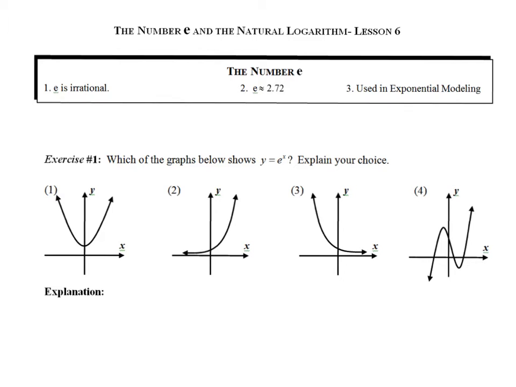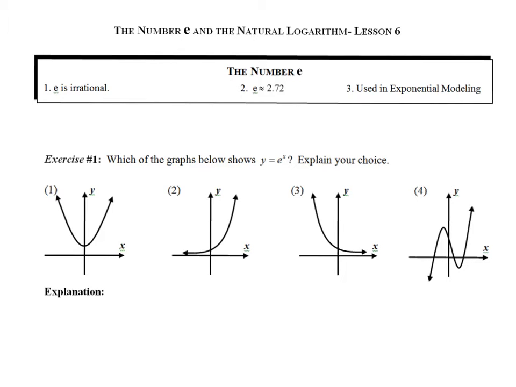Even though it looks like a pattern there, this actually doesn't repeat indefinitely. Hence the reason that e is irrational. We're going to see a lot of this base e when we are doing exponential modeling, that is real-world application problems. Let's start first of all with the graph of e to the x.